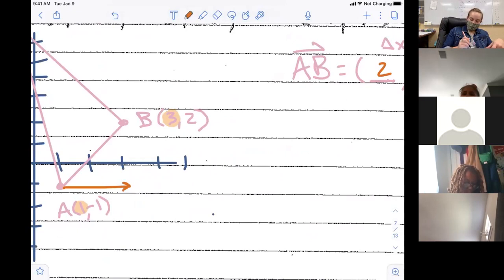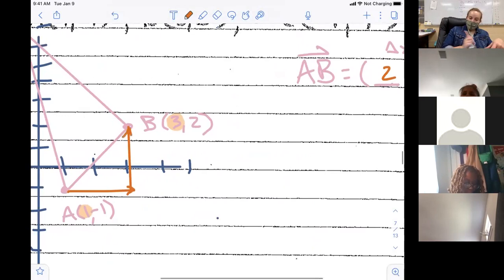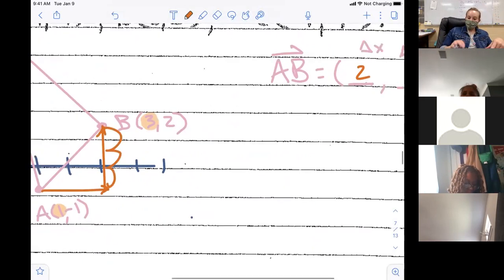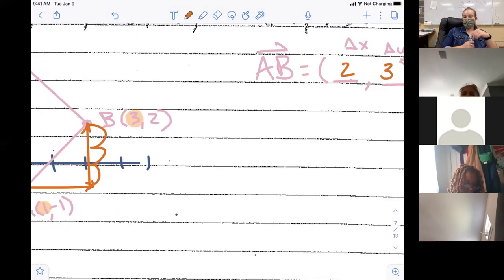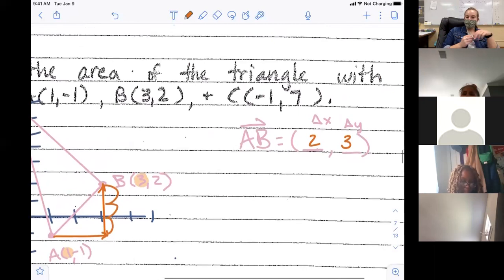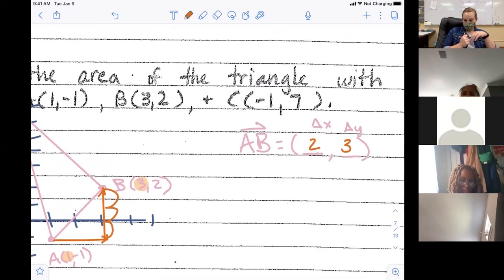Then I went from -1 up to 2. -1, 0, 1, 2. That's 3 jumps. So my change in y is +3. So I went right 2 and up 3 to go from point A to point B. Anybody have any questions or concerns with that?